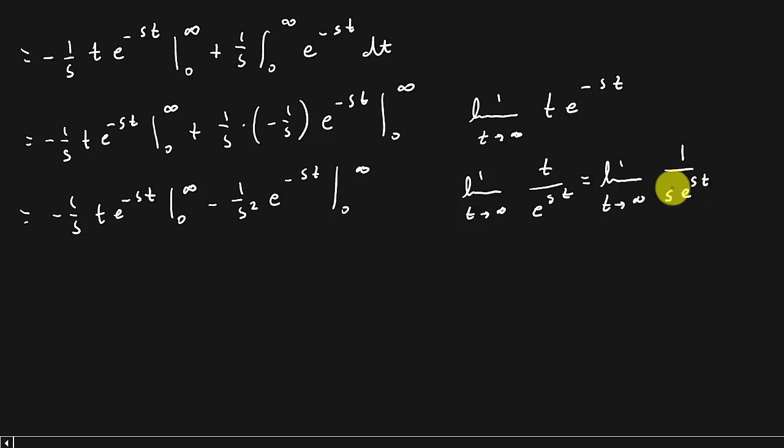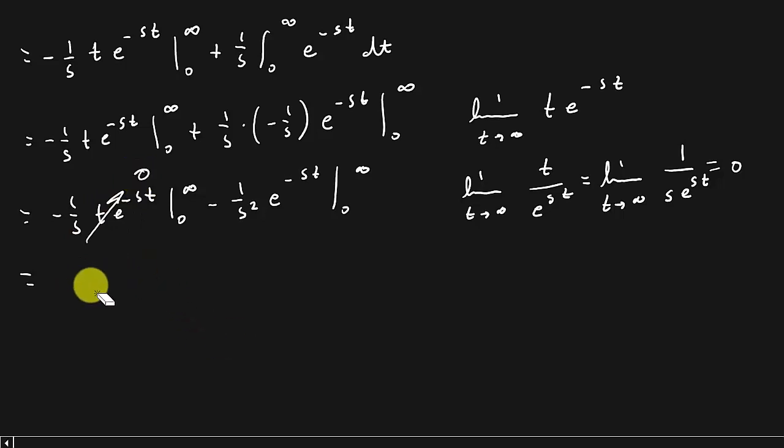This denominator gets really big, so this goes to 0. So that's going to be 0, and then when we plug the 0 in, this is going to be 0, because see, we plug the 0 in for t. You see that? So that's going to be minus 0. So this whole term here goes to 0.